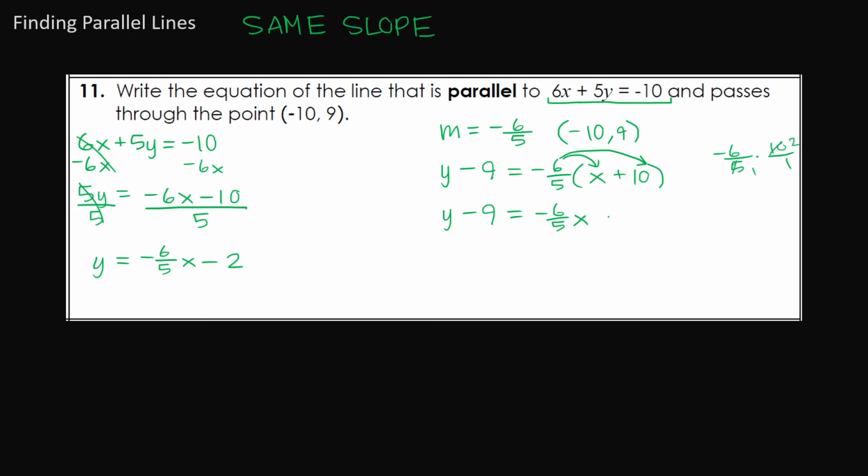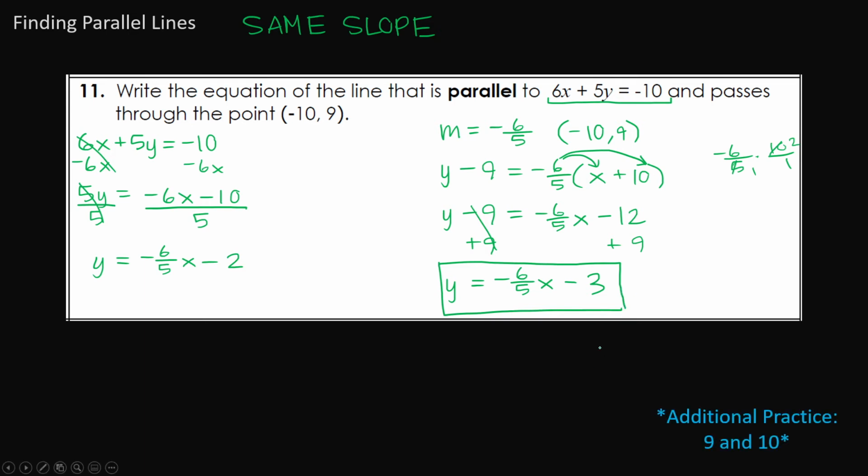Okay, and then I get, it's going to be negative 6 times 2 is 12. And then to finish solving this equation for y, I'm going to add 9 to both sides of the equation, and I get y is equal to negative 6 over 5x. Negative 12 plus 9 is negative 3. So the equation is y equals negative 6/5 x minus 3.